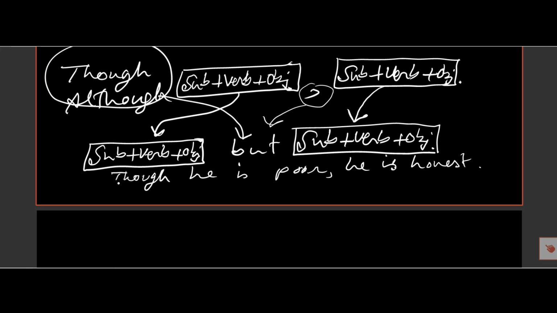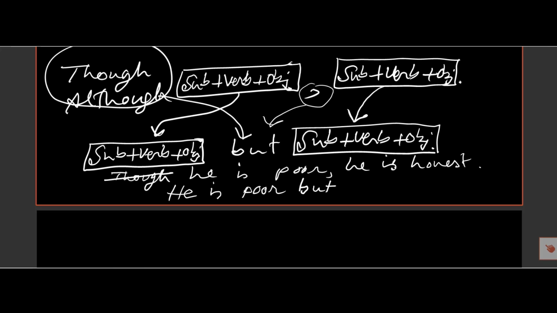Here we must cut the though, although, and we must begin with the part "he is poor", and instead of though, although we must put "but" in the place of the comma.